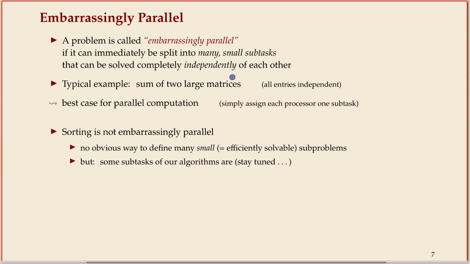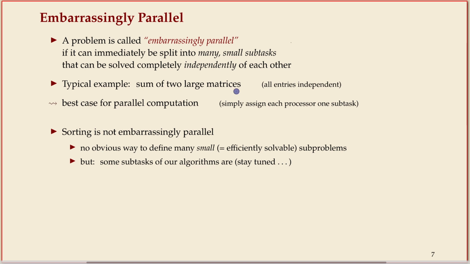And the second part is important. They have to be solvable independently, because that means we can do them in parallel. If there are any dependencies that one task needs the result of another one, then parallelism is tricky. But in an embarrassingly parallel program or a problem, that doesn't happen. The tasks are all nice and independent.